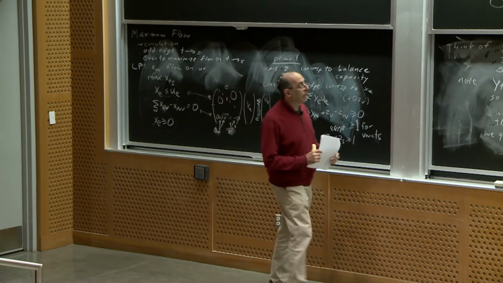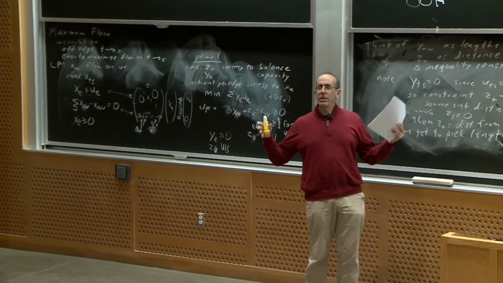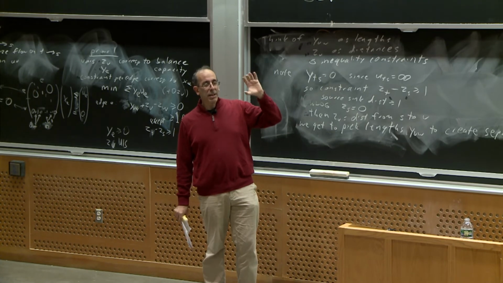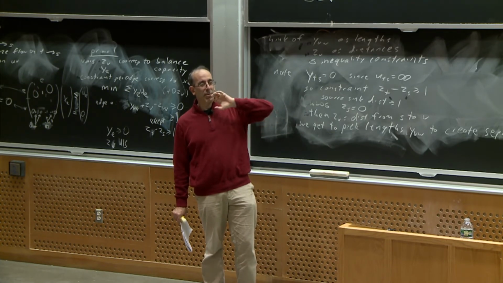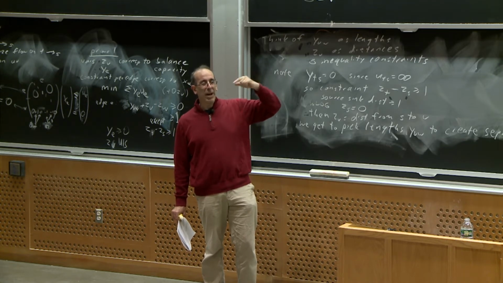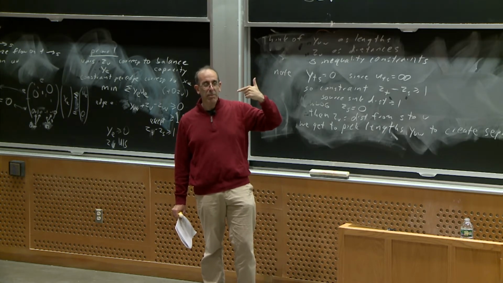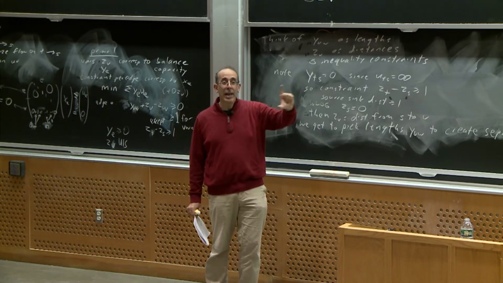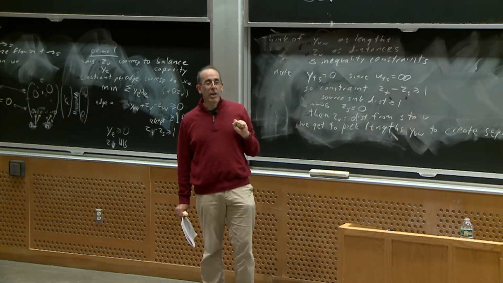Now, if you think about the pipes intuition for max flow, a capacity is kind of a cross-sectional area. How much can go through per unit time is determined by the cross-sectional area of the pipe. So if you take that cross-sectional area and multiply it by the length of the pipe, what is that giving you?